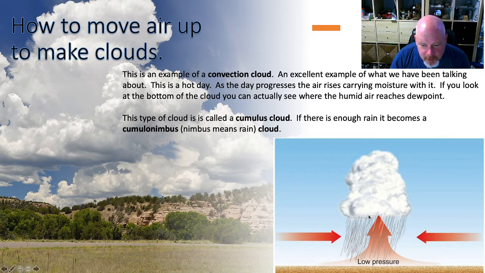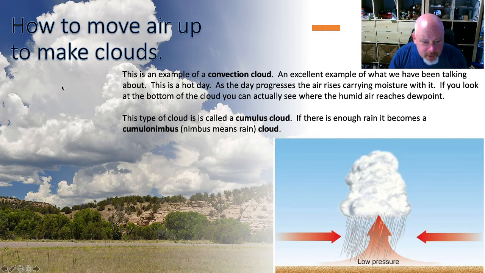Right here, this point right here, that's where it reaches 100% relative humidity. The air has cooled off to where it can't handle that moisture anymore. So that is the point right there where we're at 100% relative humidity. Anything past that is going to be where that water is being condensed, and it's just being pushed up by that low pressure, keeps being pushed up into that cloud.